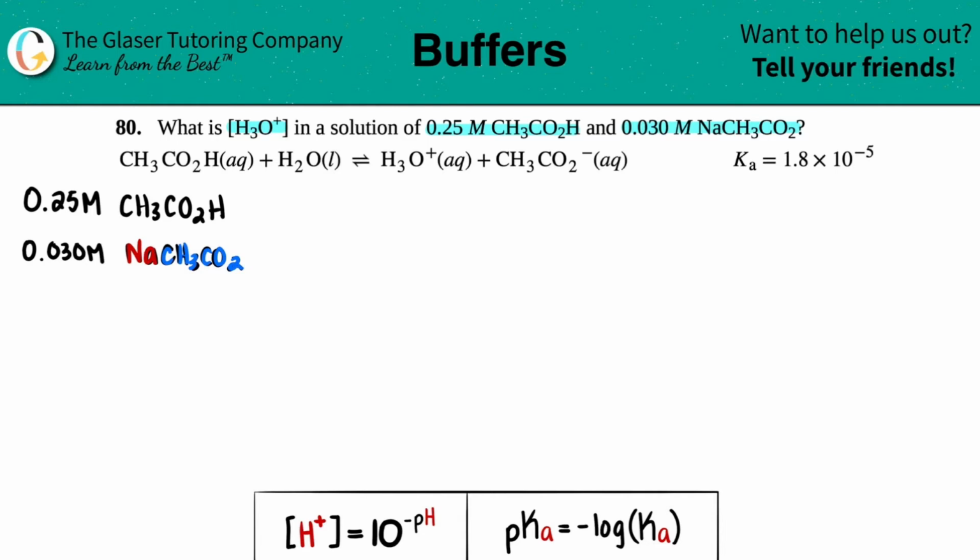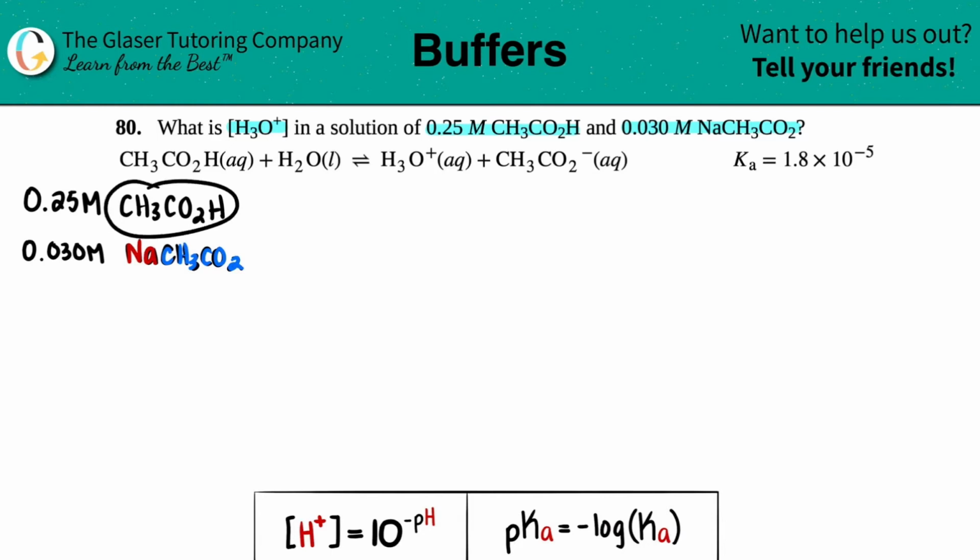Now, which one of these components is going to make the buffer system? A buffer system is when you have both an acid and its conjugate base, or a base and its conjugate acid.